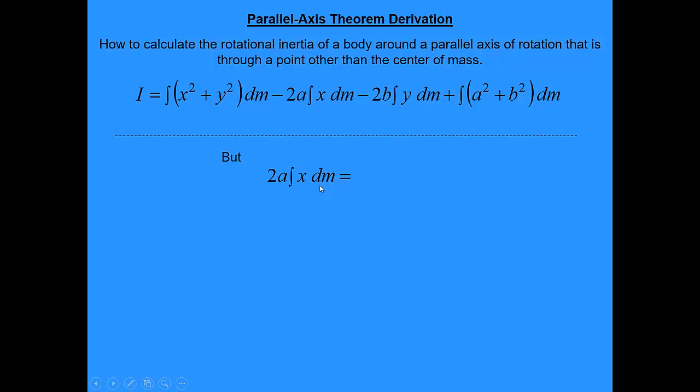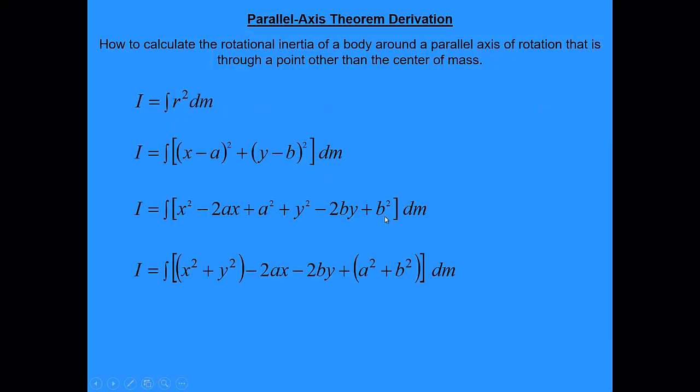Yeah, this is essentially the position of the center of mass integral. This is the integral we have to use to find the center of mass. And since it's x, this is the x position of the center of mass. Technically, there's an extra little mass term in there as well because it's 1 over the total mass times the integral. But at least the integral gives us the position here.